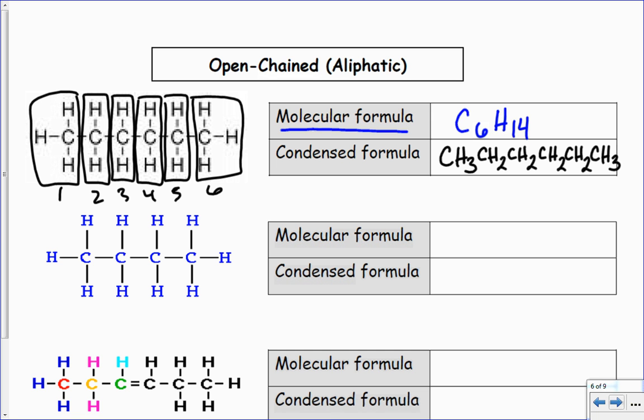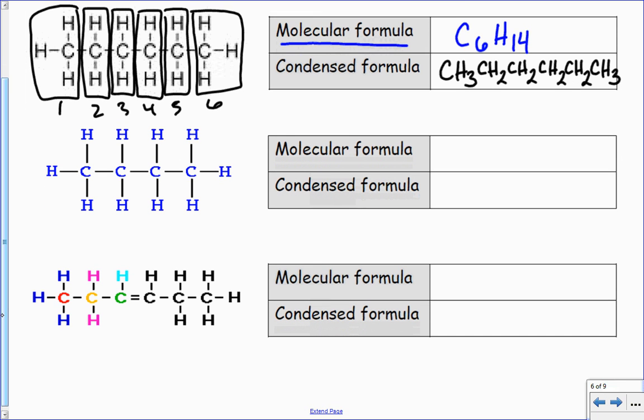So check out the second example. This one's on you. I want to see you do this one. So there's 2 blanks there. Now the third one, molecular formula, I also want to see you do that one. But I'm going to help you out with the condensed formula here because it's a little bit different. Don't let this double bond scare you.